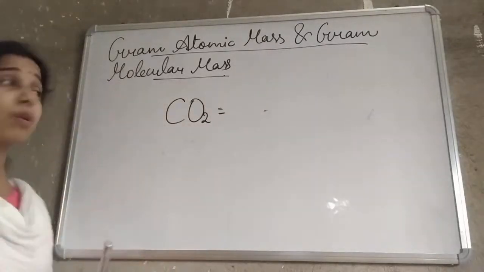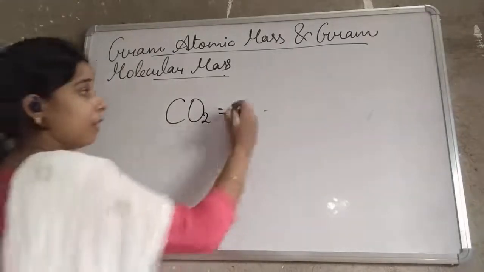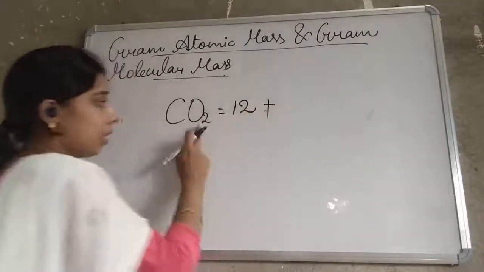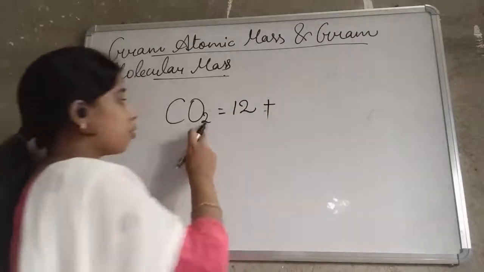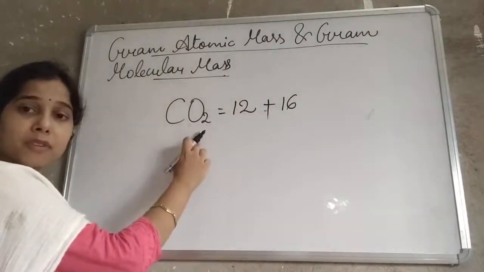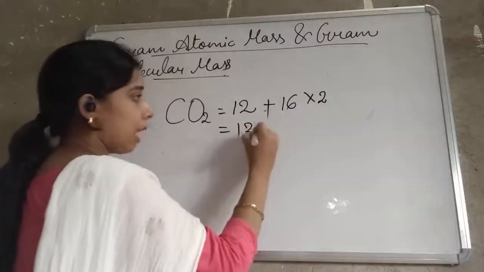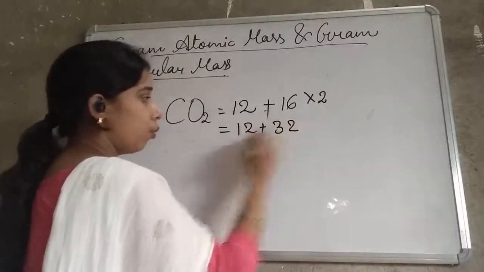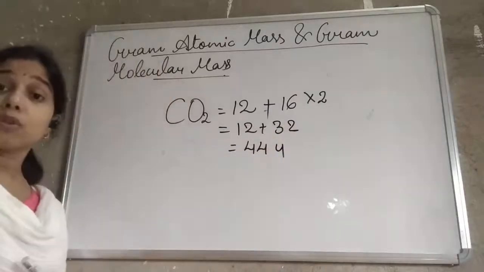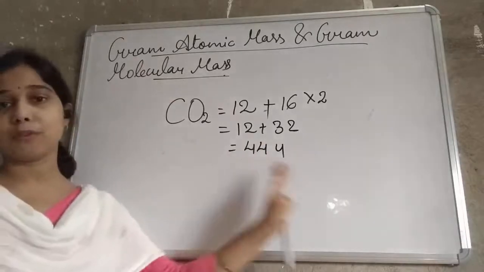In case of carbon dioxide, what is the molecular mass? 12, this is the atomic mass of carbon, plus oxygen. Oxygen's atomic mass is 16, and how many atoms of oxygen are there? That is 2, so it will be 2 times 16. So 12 plus 32 equals 44 U. So the molecular mass of carbon dioxide is 44 U.